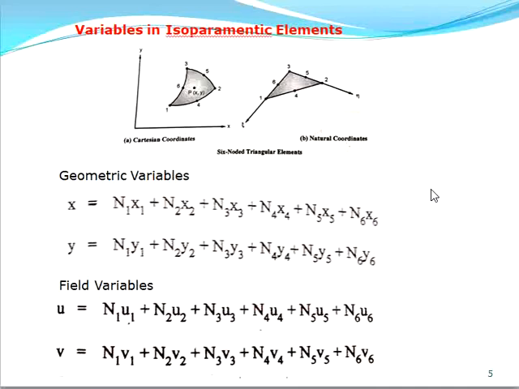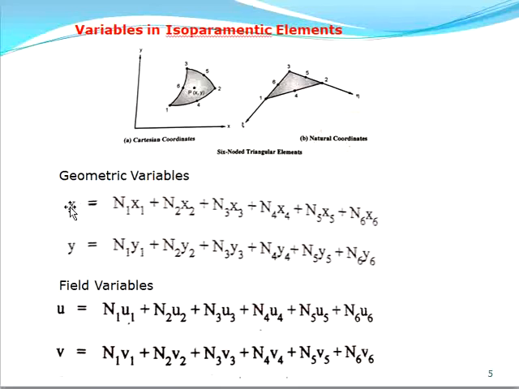That property is represented by field variables u and v. So x1, x2 up to x6, y6 are called the local coordinates, then u1, v1 up to u6, v6 are called the natural coordinates.